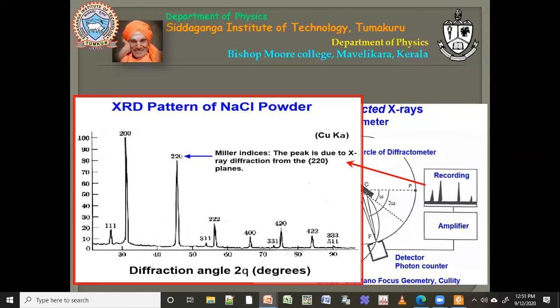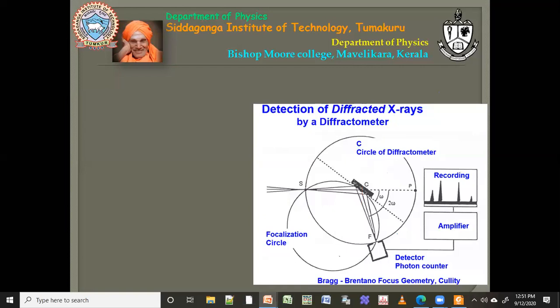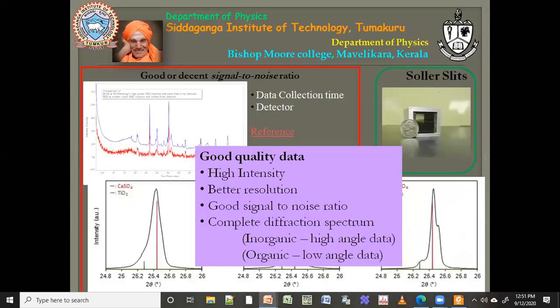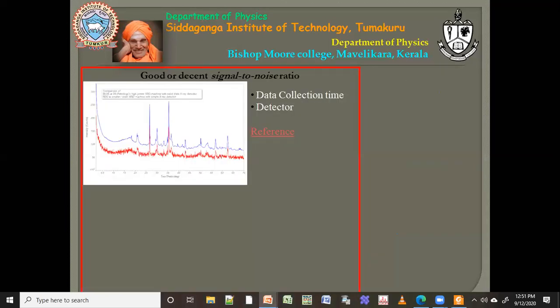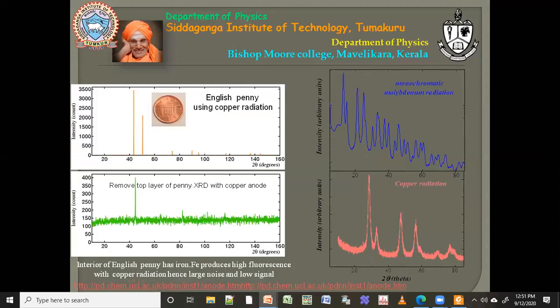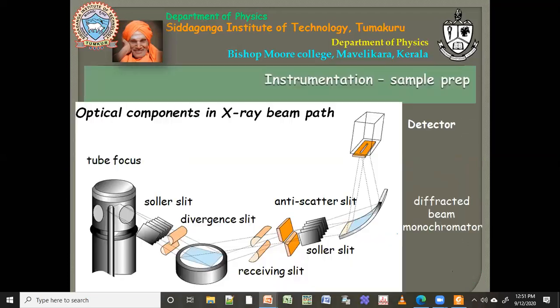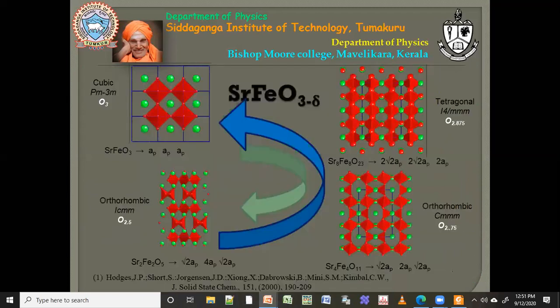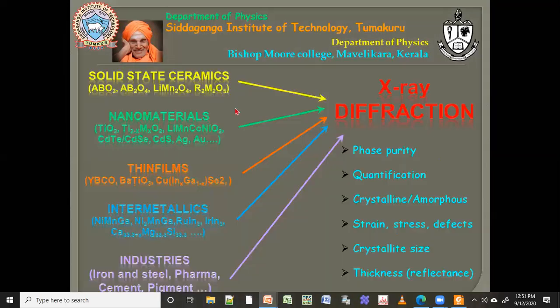Alloy means, see, I showed you something here. If you see this intermetallic, nickel, manganese, gallium, it is called a Heusler alloy. This is a half Heusler, this is a full Heusler. So alloying, it depends.